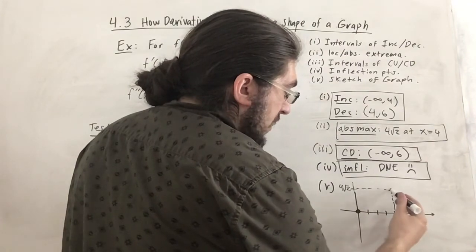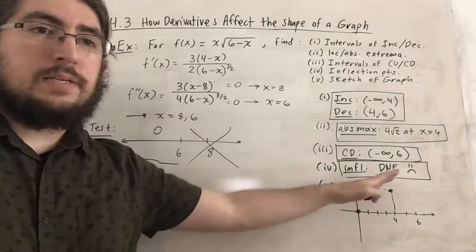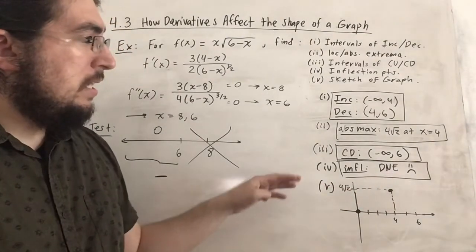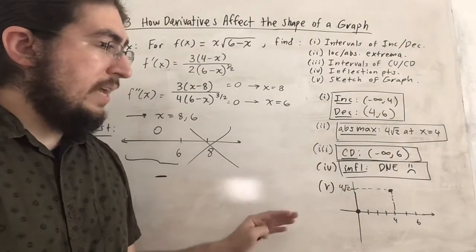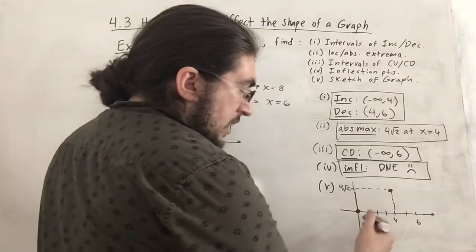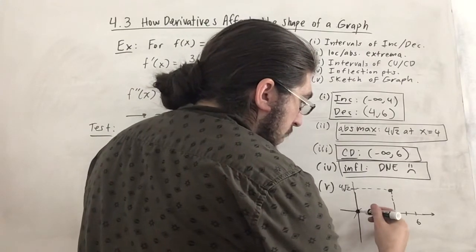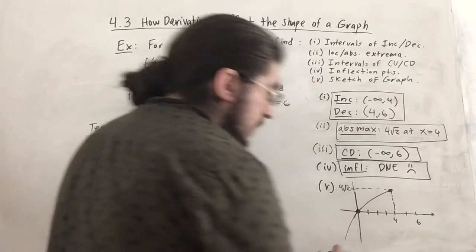And we get something like this. So it's increasing even before this point, so it's going up like that. And it's actually always concave down. So it's going to look like this, actually. So even though I've emphasized this point, there's nothing funny happening at this point. It's just like a straight through action like that.